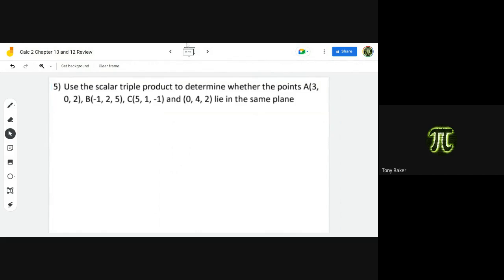All right. So this one we're using the scalar triple product to determine whether the points lie in the same plane. So if I do a scalar triple product, if the points lie in the same plane, it should equal 0. So if I do the scalar triple product and it comes out to be 0, we're good.